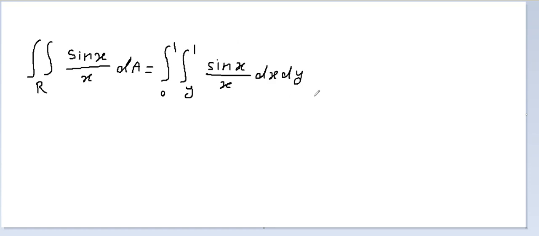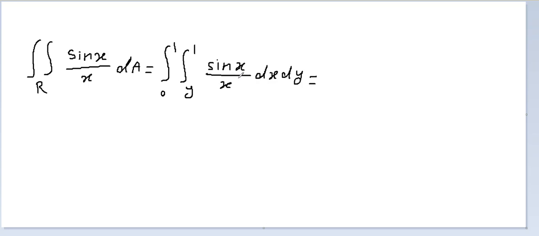Okay. Now let's try to calculate this integral. So you can see, first we have to calculate this integral with respect to x, right? So it means we have to calculate the integral of sine x over x with respect to x.